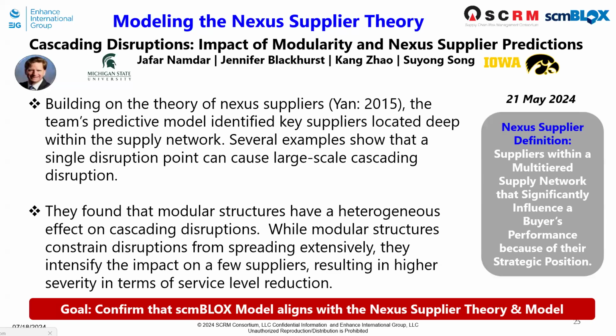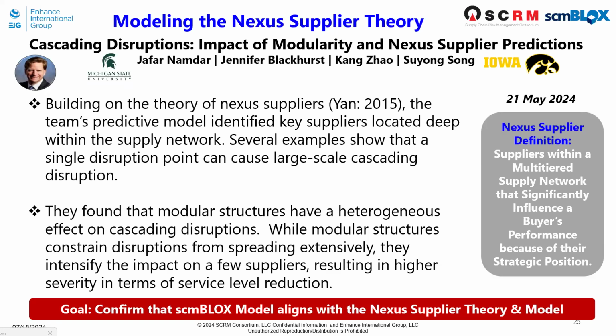It's a very good paper that you can look up. You could probably just search for it on the web and pull it down. But it's building on a theory of nexus suppliers from Yan in 2015. They identified key suppliers located deep within the supplier network, with several examples showing that a single disruption point can cause a large-scale cascading disruption.